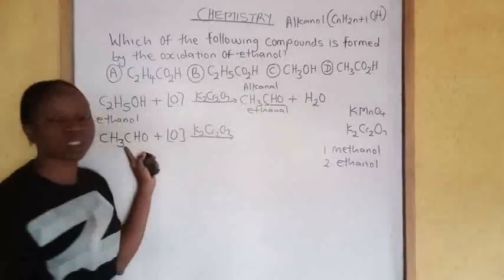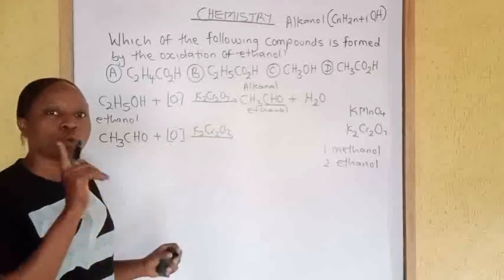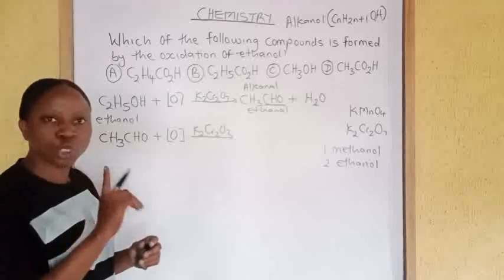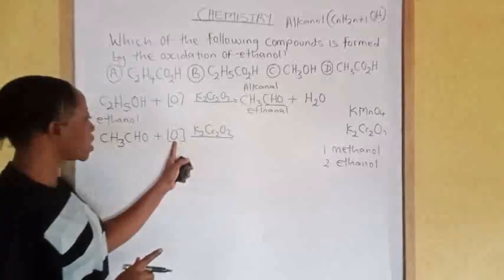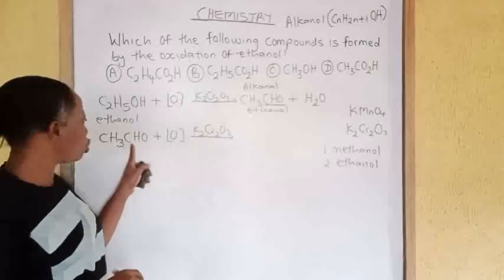This time around, you are not going to remove one molecule of water. There will be no removal of water, so you just add this oxygen atom directly to ethanal.